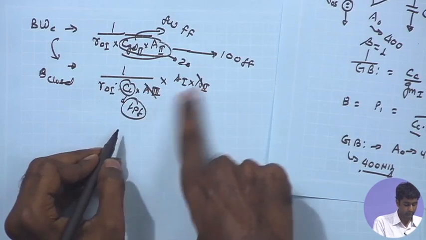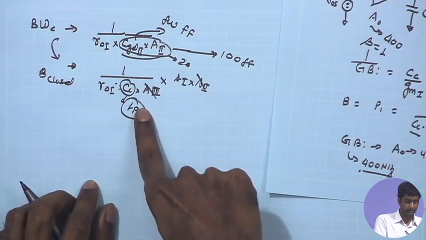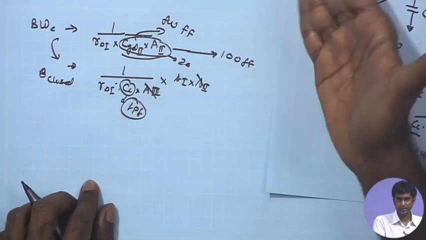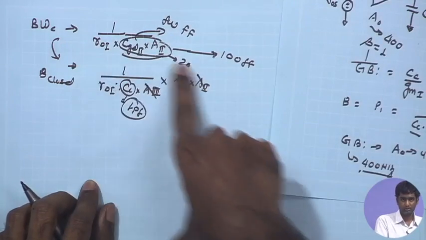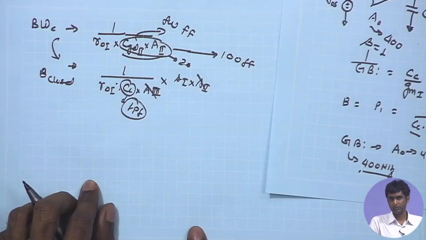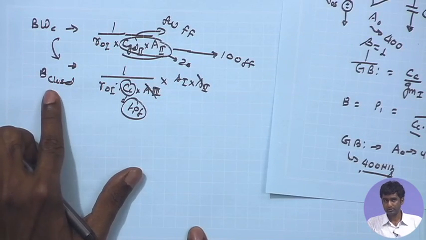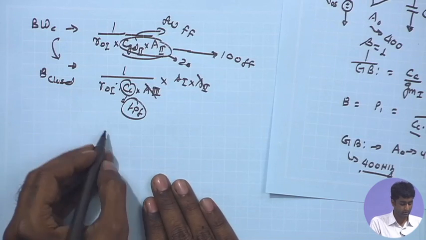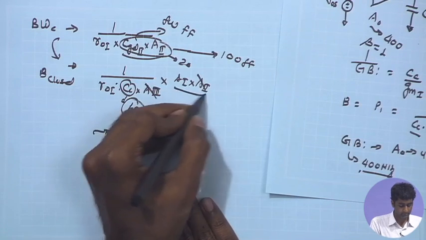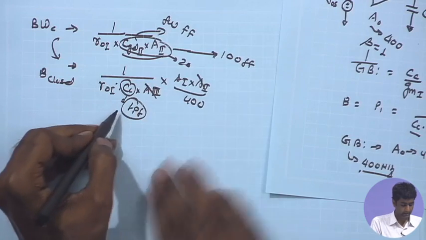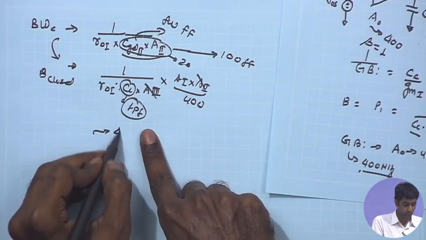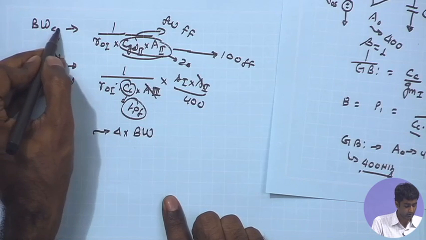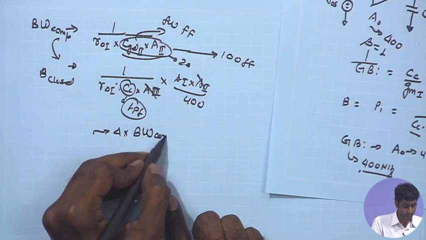Therefore, this has a 1 upon 100 factor as compared to this, and A1 A2 we remember is around 400. So, 4-5 times larger than the original bandwidth that you had for the comparator. Therefore, for the chosen value of CC, we are seeing that the closed loop bandwidth is about 4 times the bandwidth of the comparator.